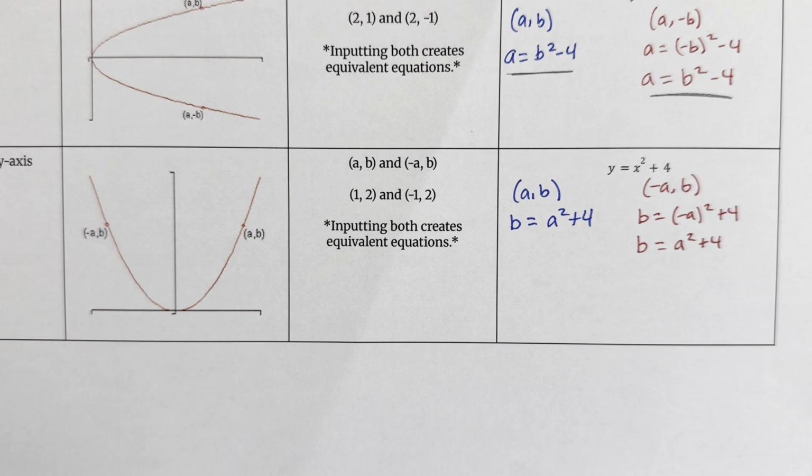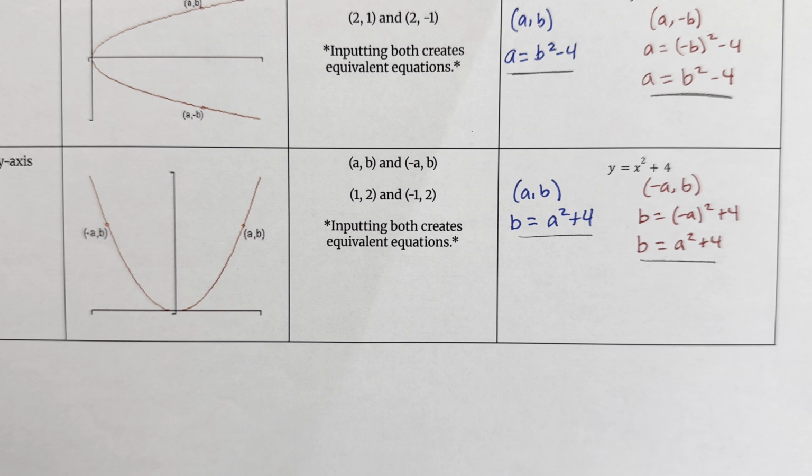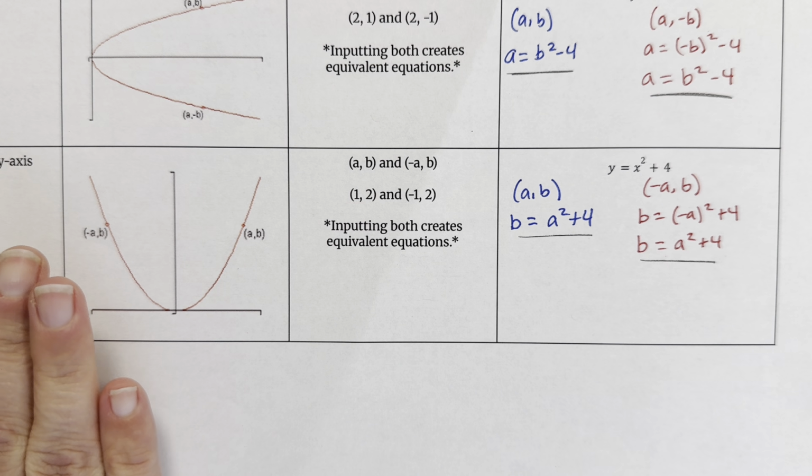And we'll notice right here, our last equations, they are the same. So in this instance, we would say, yes, it is symmetric across the y-axis. An equation can be symmetric across multiple of them, so we'll also take a look at that here in a minute.